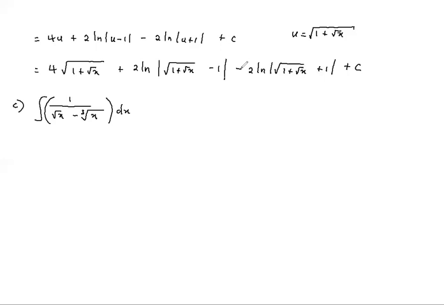Now, the next one here, we have the root of x and also the cube root of x. So what we have is x to the power half and also x to the power 1 over 3.